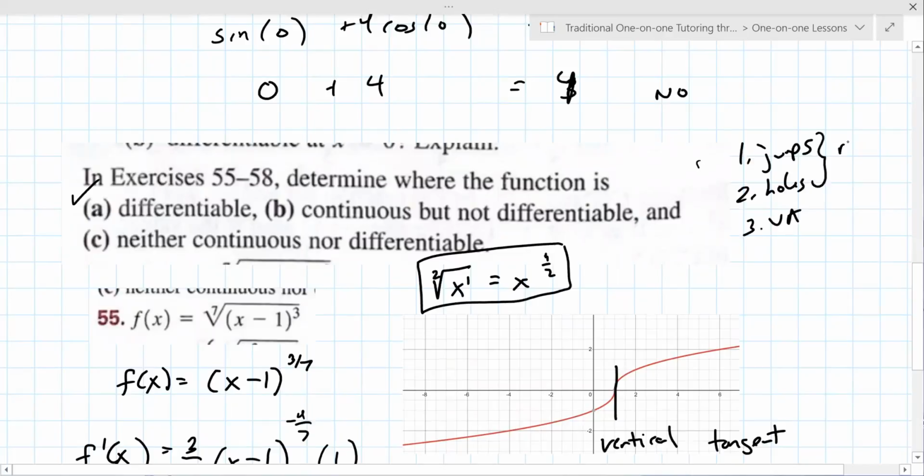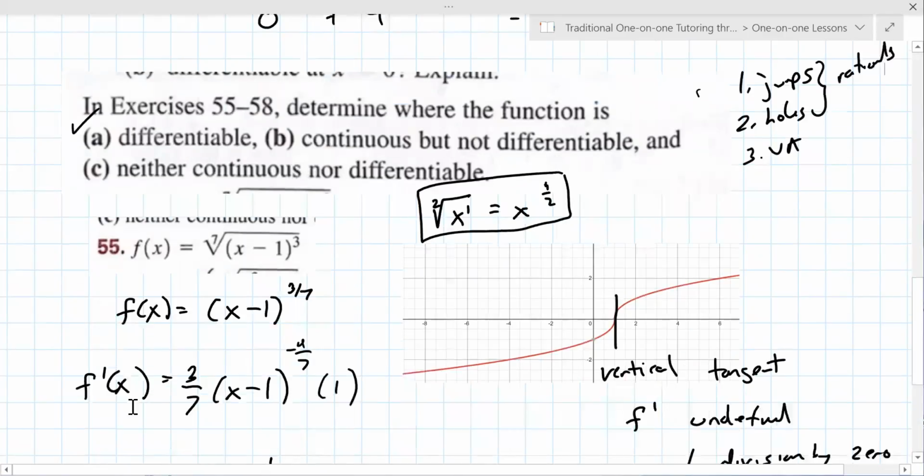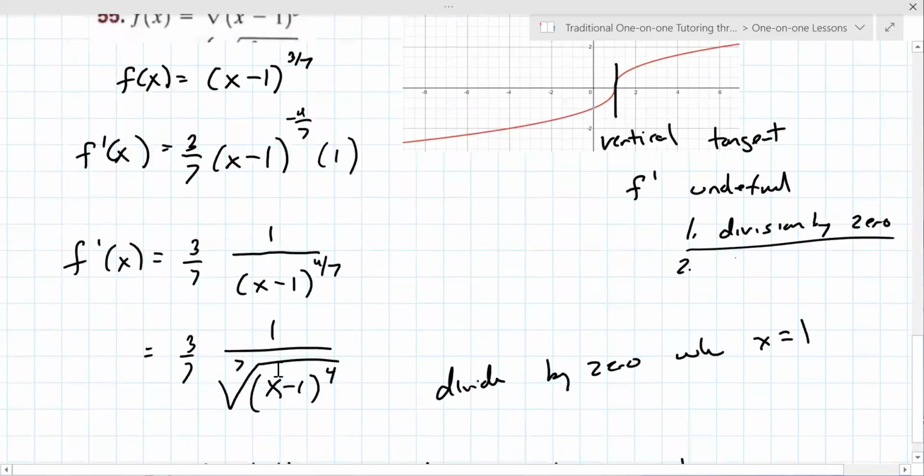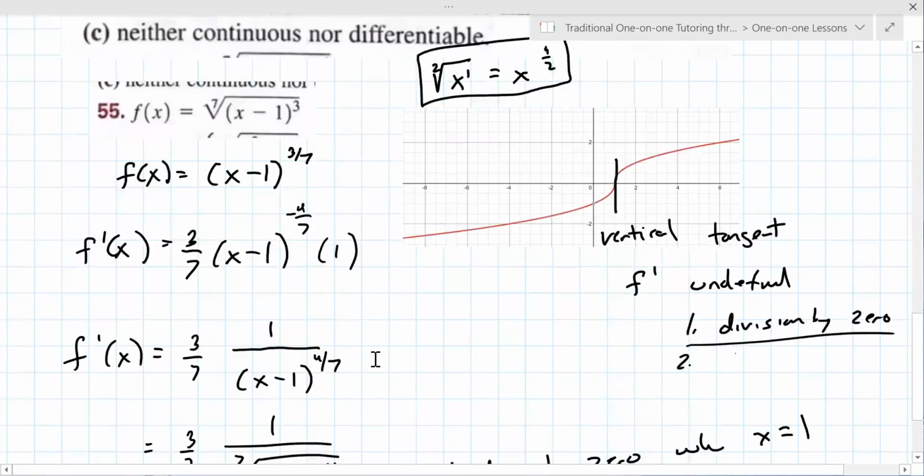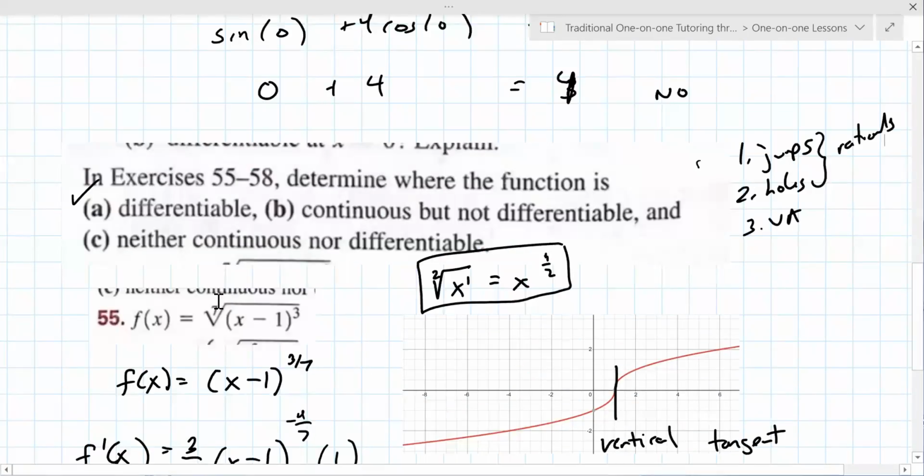Those come from rational functions, something over something, like a fraction, which we kind of have in the derivative, but we already handled that. I know it's not a great explanation. You should assume everything is continuous everywhere until we see something that isn't.